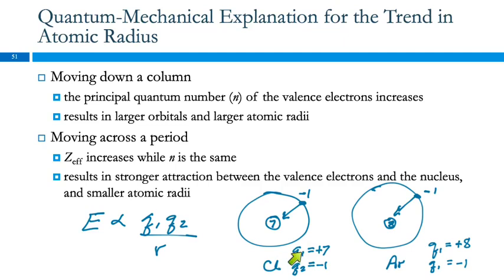So here, Q1 times Q2 is -7. Here it's -8. The larger the negative number, the stronger the attraction. And then because this is larger and the electrons can move, they can be pulled in tighter, they're going to get squeezed in a little bit, and so then the radius is going to go down, and that's just going to be even stronger attraction.